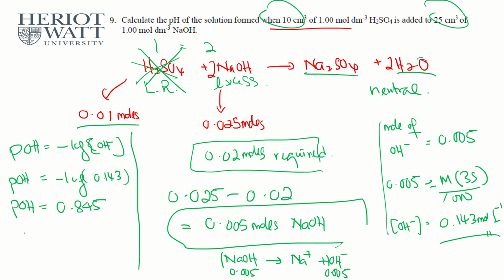And how to get pH then? Because they want pH. So still remember, pH plus pOH equals 14.